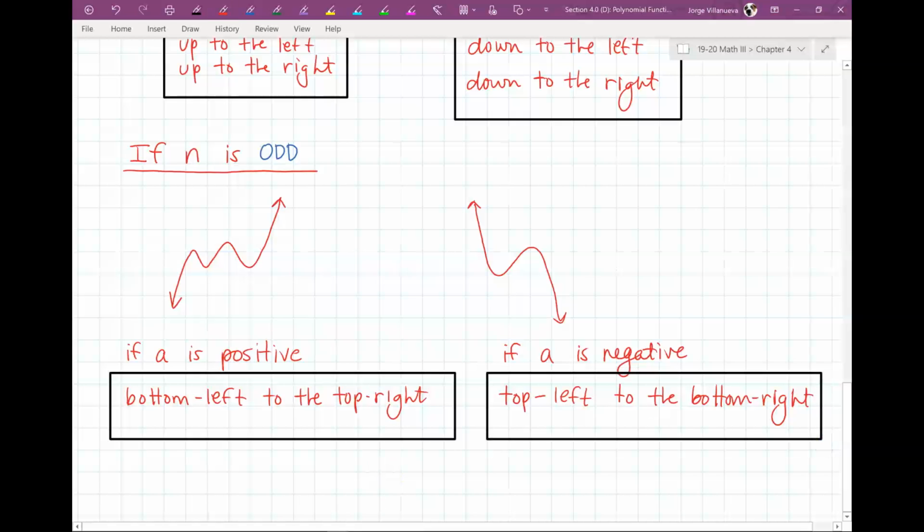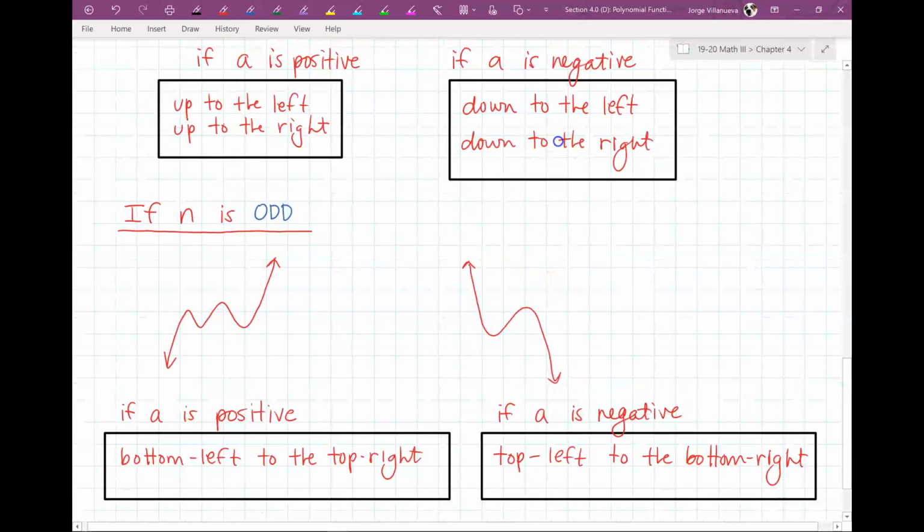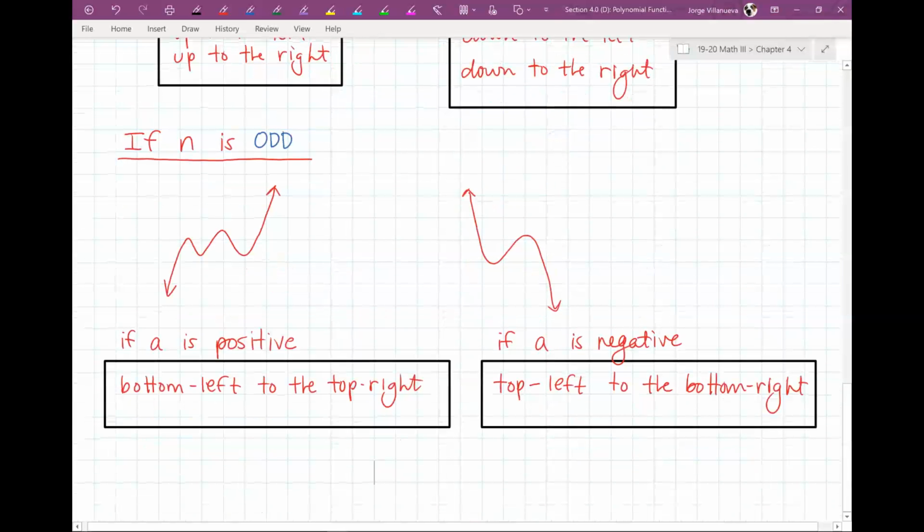So when you do these problems from 6 to 17, the very first thing you're going to ask yourself is, is it in standard form? And if it is, which not all of them are, then you're going to say, okay, the highest power, is it even or is it odd? Because if it's even, then you look at this definition right there. But if it's odd, you go to this definition right there. After you figure out if it's even or odd, the highest power, then you look at the number in front of that variable.